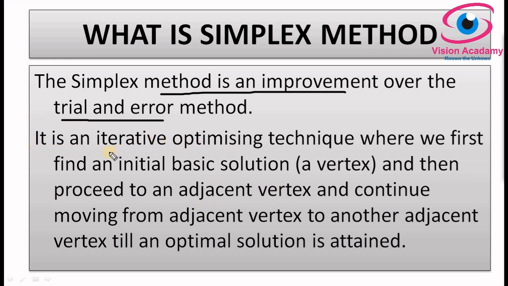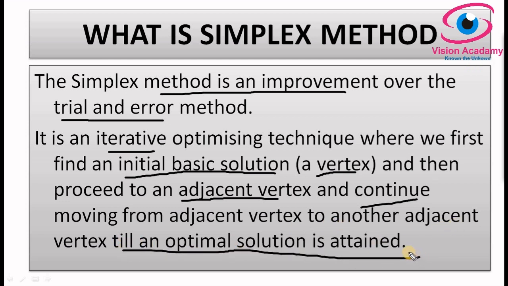So it is an iterative optimizing technique, which means we give the solution through many iterations. First we find an initial basic solution, which is usually called a vertex, and if we are unable to find an optimal solution there, we proceed to the adjacent vertex, continuing from one adjacent vertex to another until an optimal solution is attained.